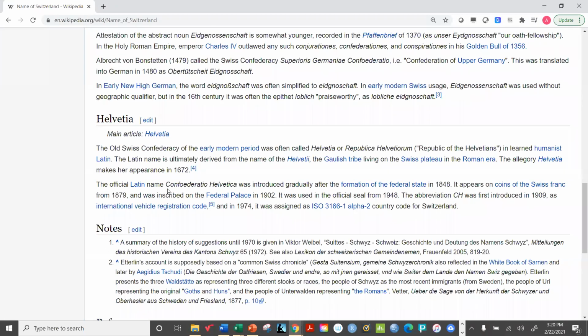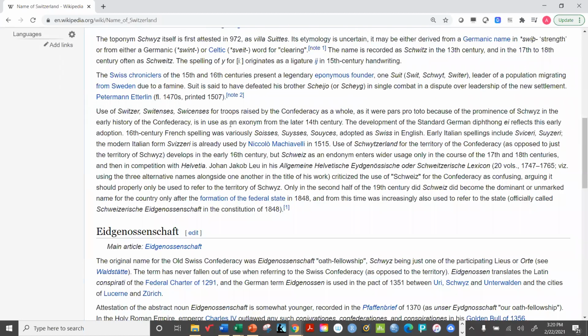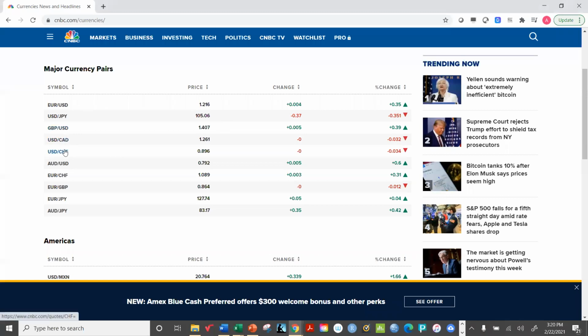Here it is. The official Latin name is Confederatio Helvetica. See, get it? CH. That's why it says CH, because that is what it means. So the Swiss franc is here, along with some of these other ones that we were just looking at. And so that's kind of interesting. CHF.